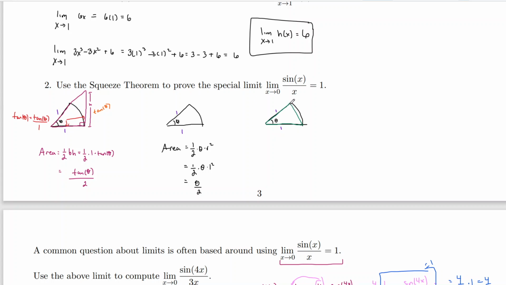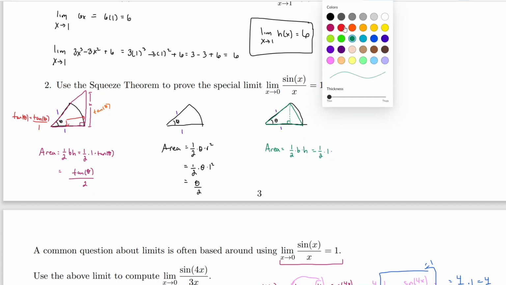Why can we figure out the height? Because if we drop this straight down, we can make a right triangle. But the area is still the same idea. Area is 1/2 base times height. And the base is still 1. It's 1/2 times 1. But what is the height here? What is h?